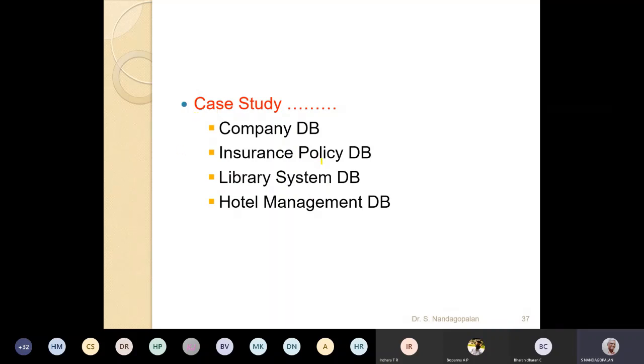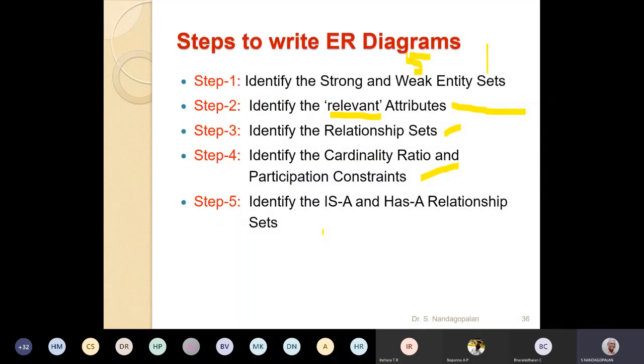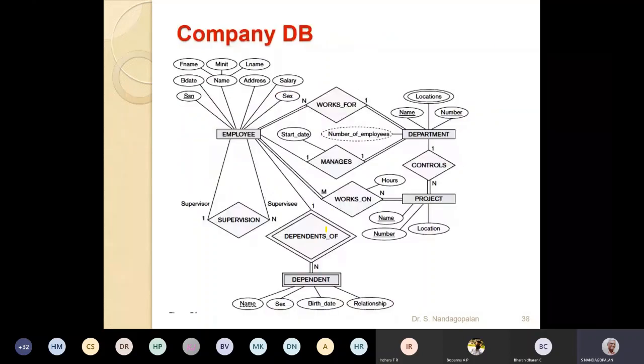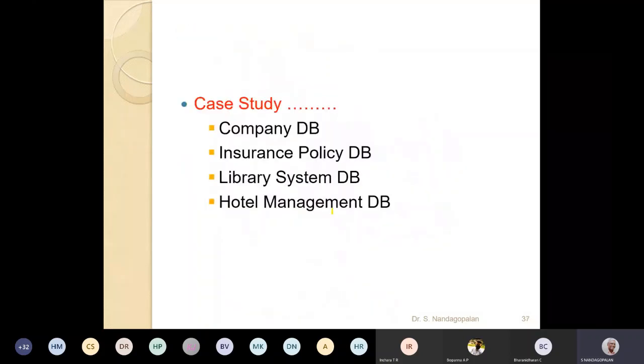So let's understand this and then apply these guidelines and all these steps to a new set of problems, and how to go about identifying the strong or weak entity sets, etc. After going through all these things, probably you will come to a stage where you can write your own ER diagram for any new problem. I'll try my level best to make sure that you can write your own.